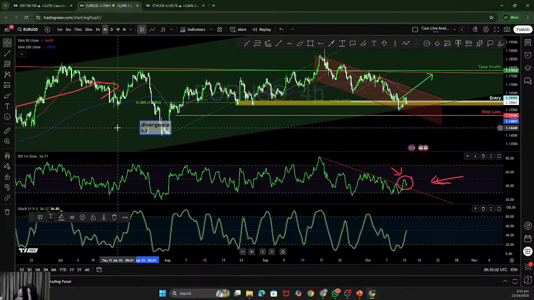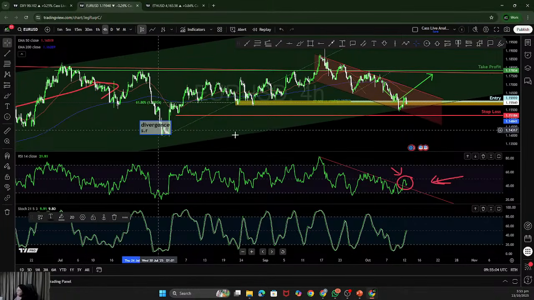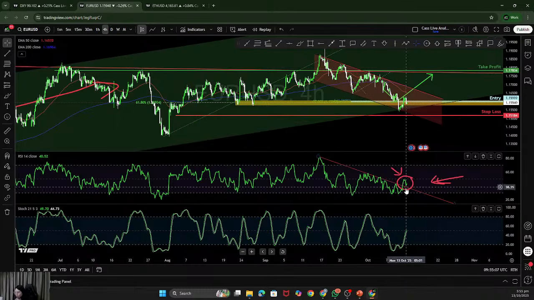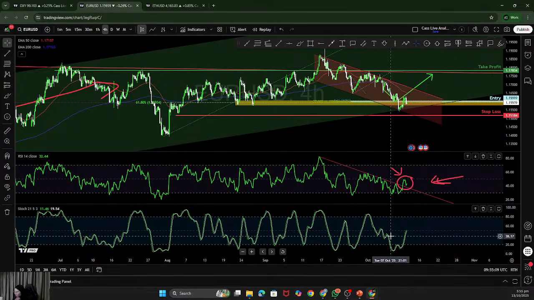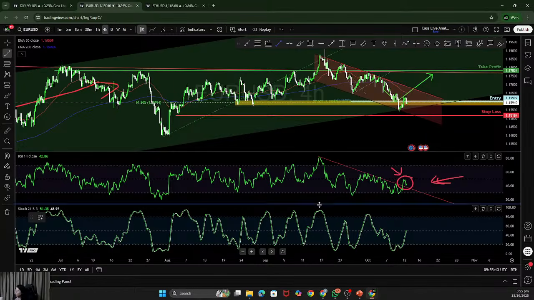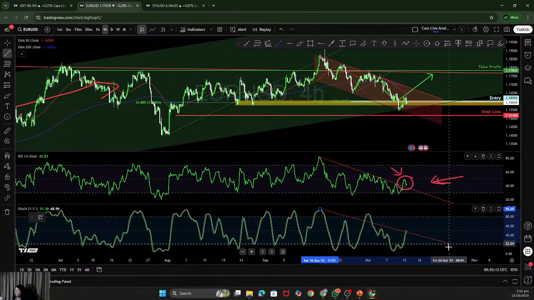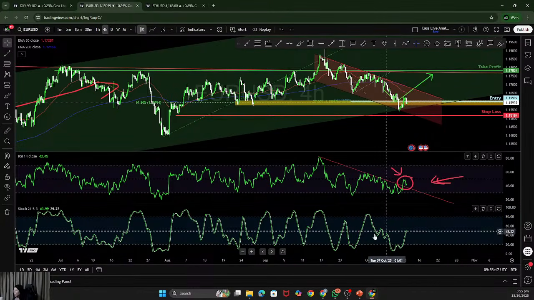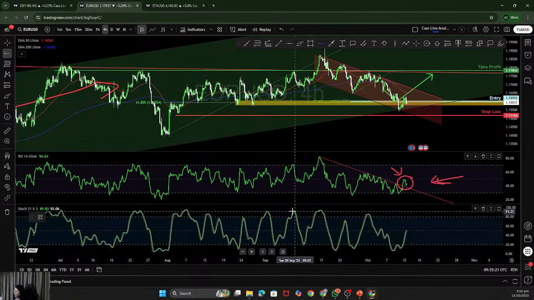Okay, support and resistance. So is this a divergence? This could be a hidden divergence. Okay, it doesn't matter. I can't use stochastics to look for divergence because of the settings that I put. It's not giving me very smooth readings, and that's okay. So for stochastics, what I'm gonna do instead is pull out support and resistance.